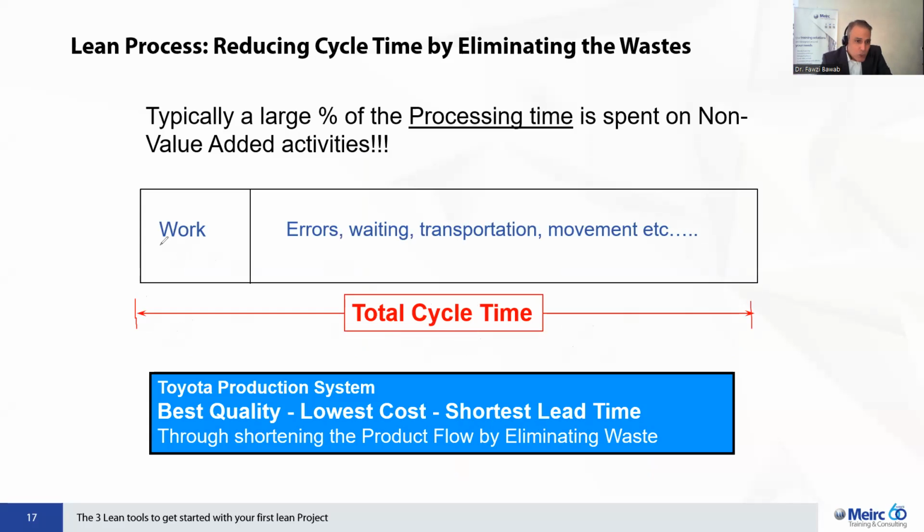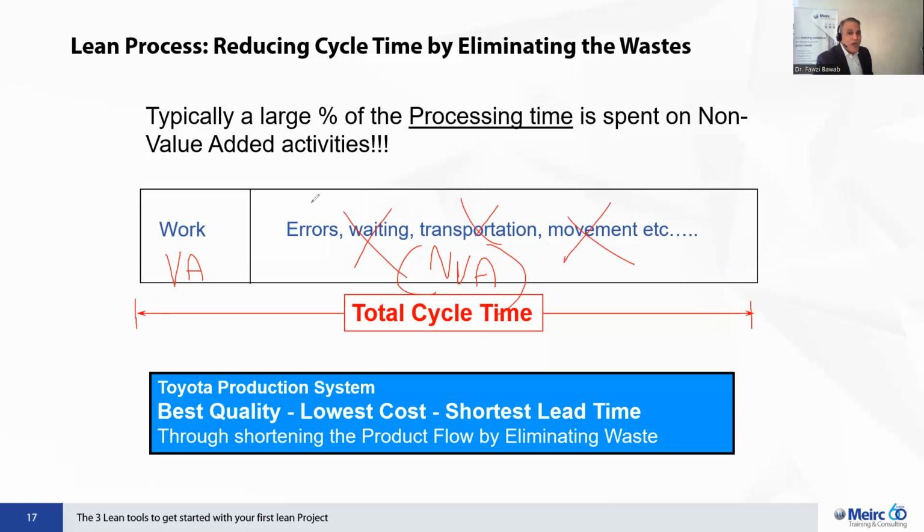Now, the actual work, this is what we refer to as the value added work. But there are many items that we can refer to as the non-value added activities. My job as a lean practitioner, through the usage of certain tools, is to try to identify and maybe minimize or even eliminate some of these.